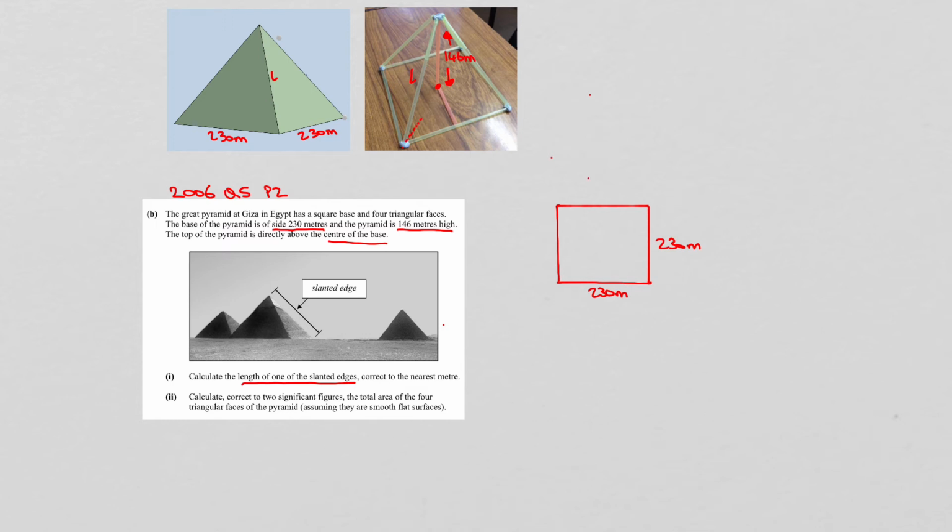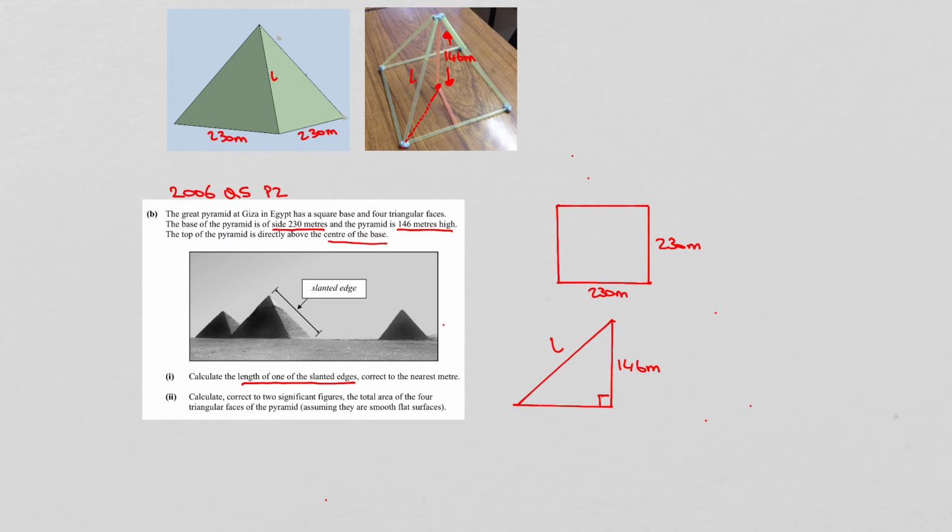By going from one of the corner points across, I can see that that is on the ground, on the desk, and then the straw is directly up, so that must make a 90-degree triangle. If I just draw that, that's 90 degrees. I know this is 146 metres, and I'm looking for L.